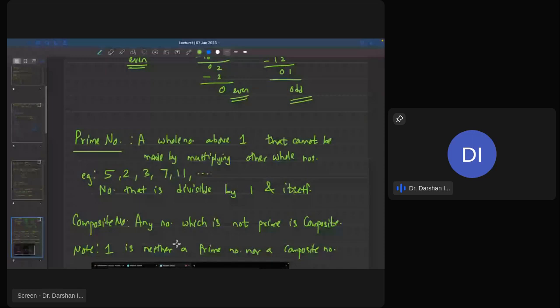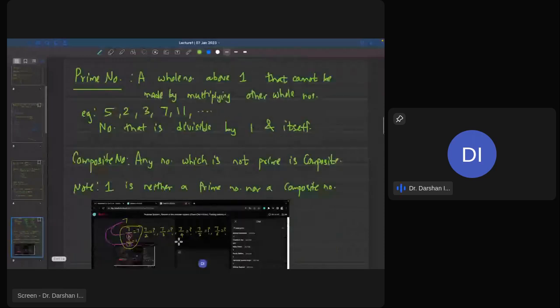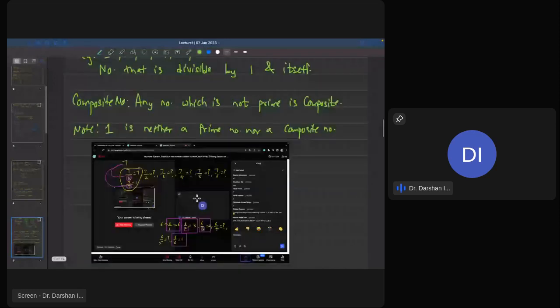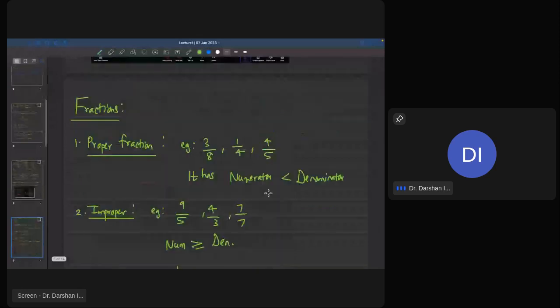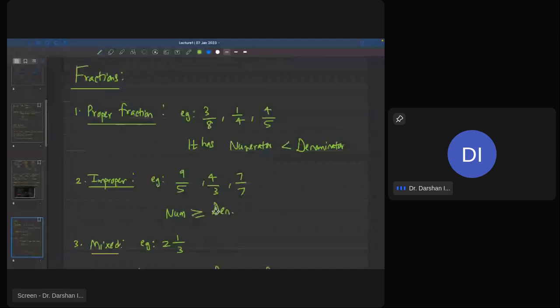Anything other than prime is a composite number. One is neither prime nor composite. Then fractions. In a proper fraction, the numerator should be less than the denominator. You can see these examples. In an improper fraction, the numerator can be greater than or equal to the denominator. Mixed fractions, 2 into 1 by 3.